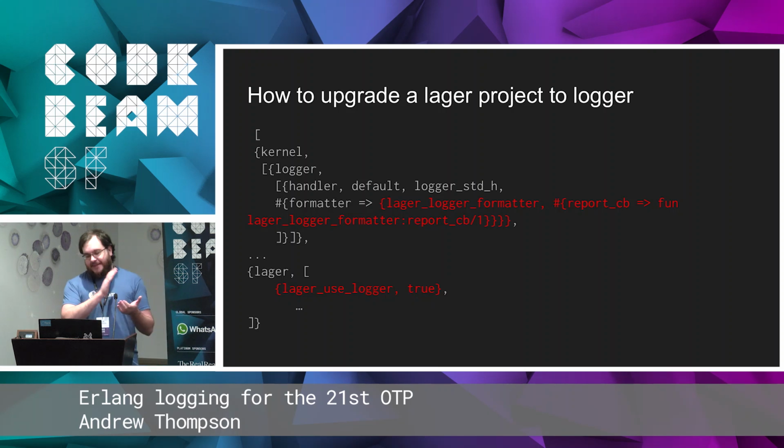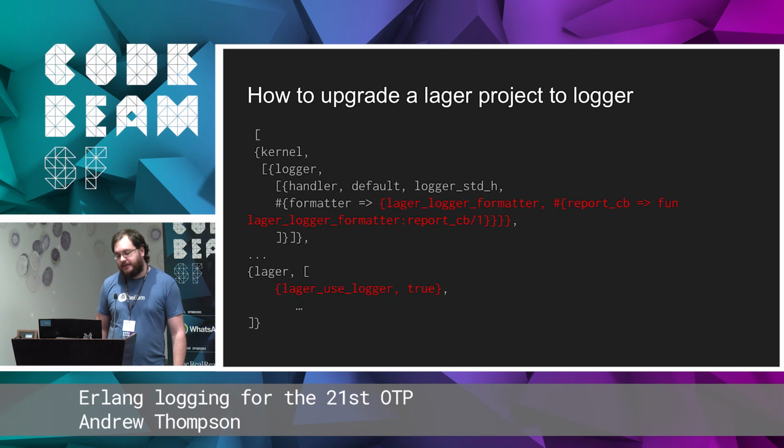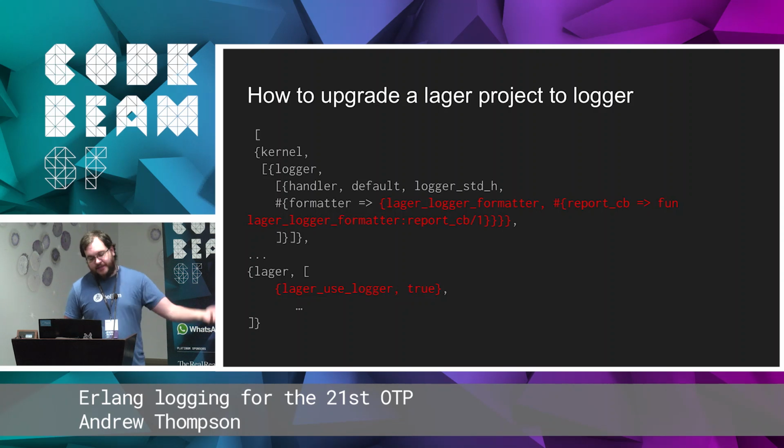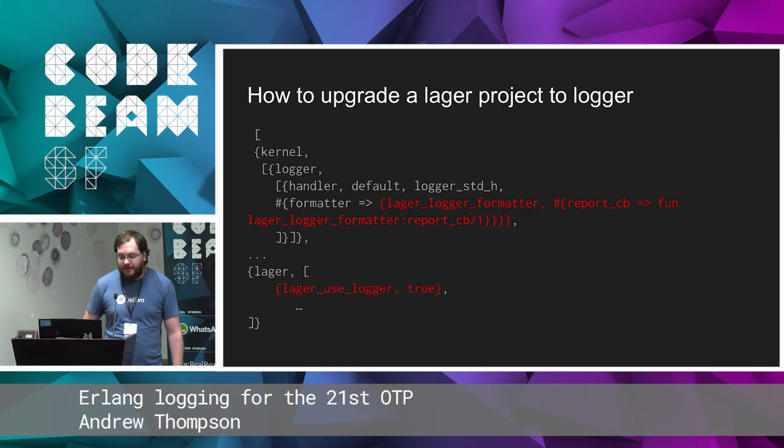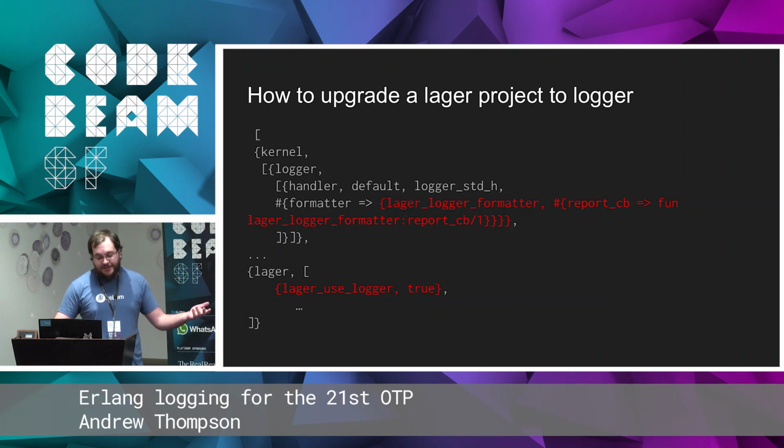And then if you want to overload the report callback to format the crash logs to be slightly more palatable, there is a logger formatter report callback, which will fix all of the OTP reports to look like logger prints them. And then in the logger stanza of your sys.config, you will tell logger to use logger. And I know it sounds ridiculous, but what am I going to do?